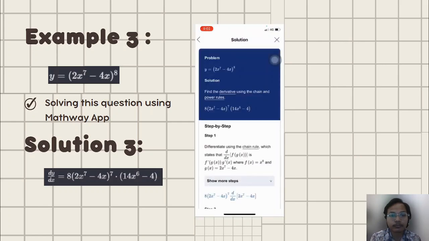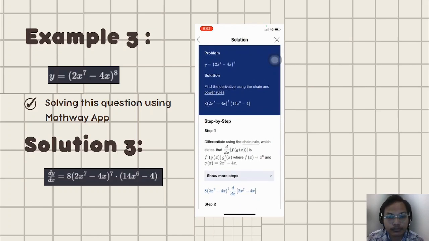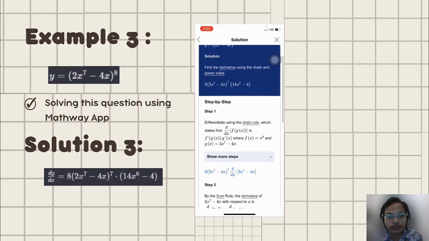Then we need to see the solution, and the application will tell you how to solve it. First and foremost, the application will tell you the final answer, which is 8(2x^7 - 4x)^7 multiplied by (14x^6 - 4).